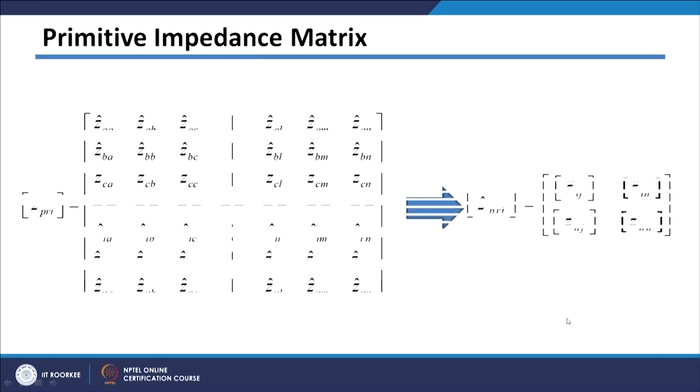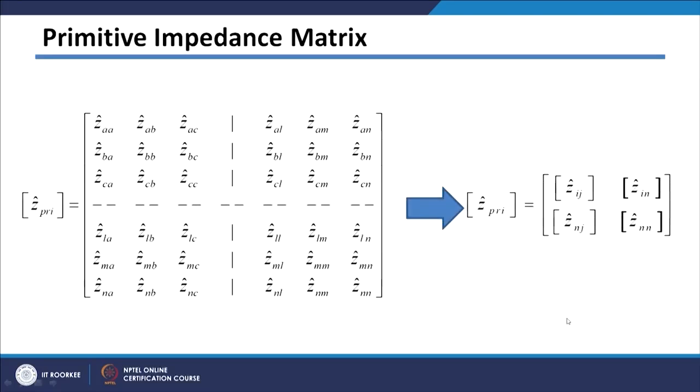Again, let us see for a bigger matrix, if there are 3 phase conductors and 3 neutral or earth conductors, in that case you will have, say, L, M, N. So, A, B, C I am considering phase conductors, and L, M, N are your ground or neutral conductors.